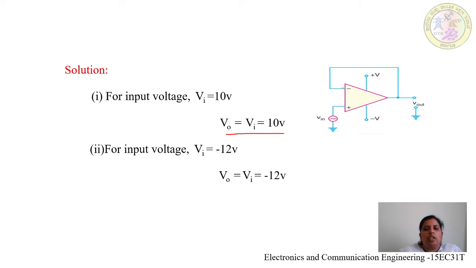And in the voltage follower, we give input to the non-inverting terminal and the output is directly fed back to the inverting terminal. We are not using any feedback resistor here. So the voltage follower is a unity gain amplifier because it has the gain as unity.